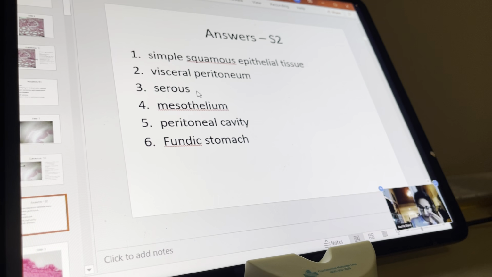This is for Aurelie. What specific type of tissue is cutaneous? Type of tissue for cutaneous? I'm overthinking it because I know it. So cutaneous is our skin, right? Oh, is it the keratinized?